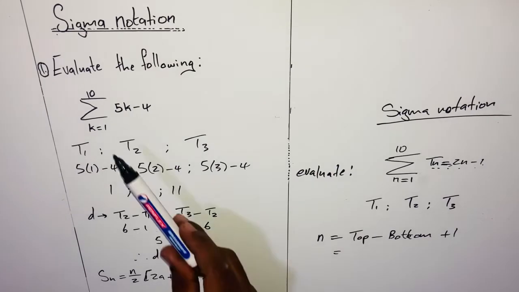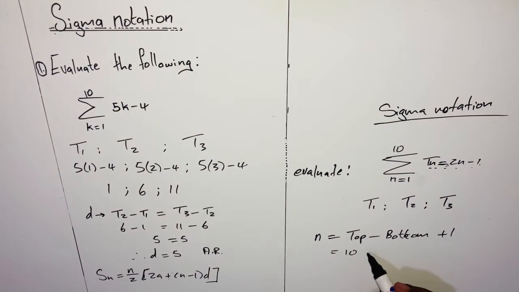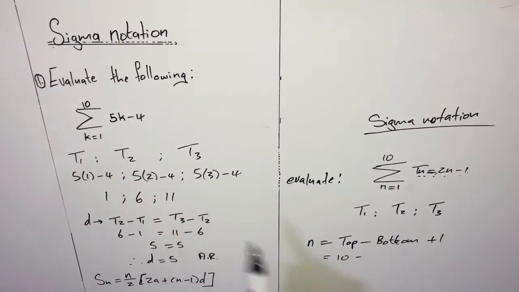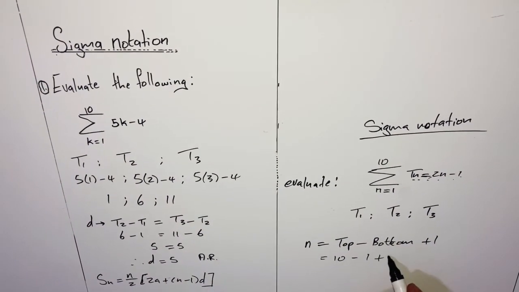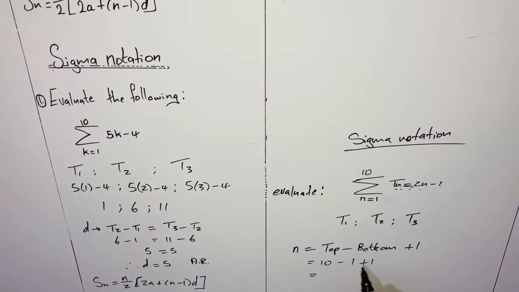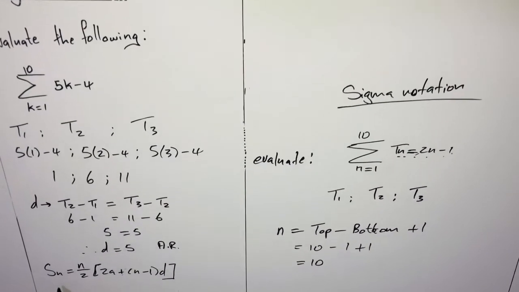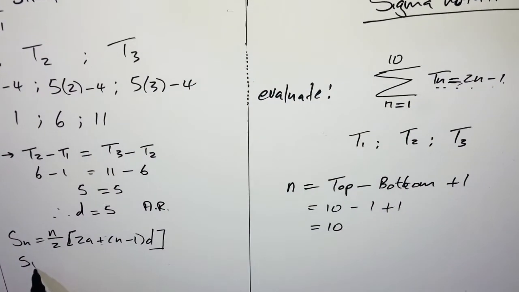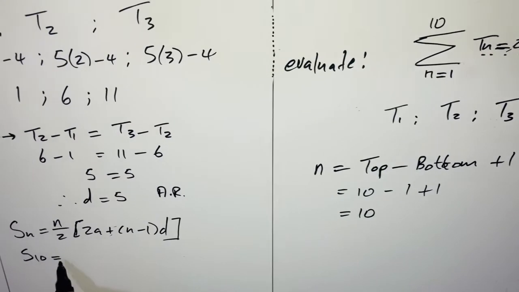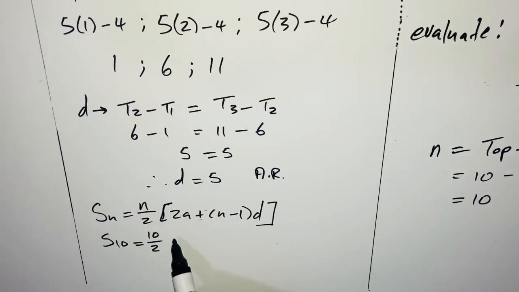At the top of sigma I have a 10, minus the bottom I have a 1, plus 1. 10 minus 1 is 9, plus 1 is 10. So the n I'm going to use, I'll go for the sum of 10 terms. So where there is n, I put a 10 all over 2.